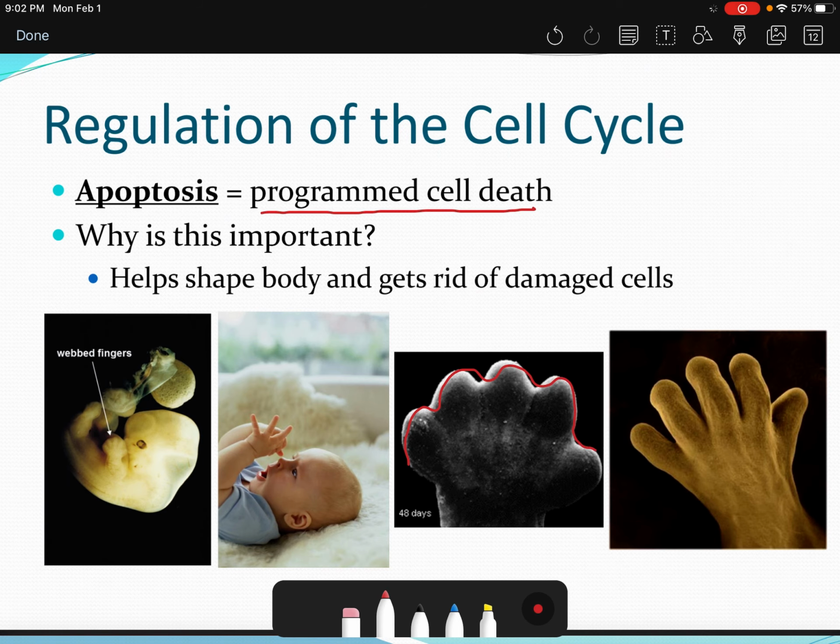So we had tissue between our fingers. What apoptosis allowed to happen is all this space now. So apoptosis killed off the cells in between our fingers, and that's what allows spacing. You may have heard of some people who have a little bit of webbing between their toes, and that's because apoptosis didn't finish occurring at that point.